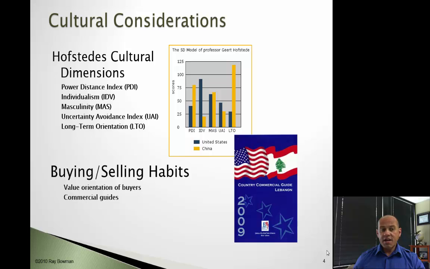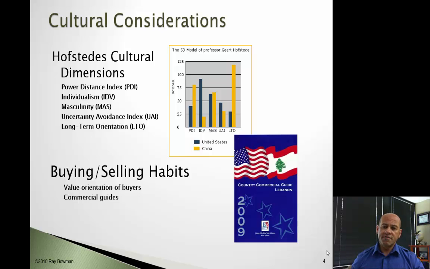The first area is power distance. Power distance is basically the extent to which a culture feels that they have any influence and say into government matters. How much does government influence them or they influence government? Individualism. Individualism is important because some countries have a greater importance on the individual than others.